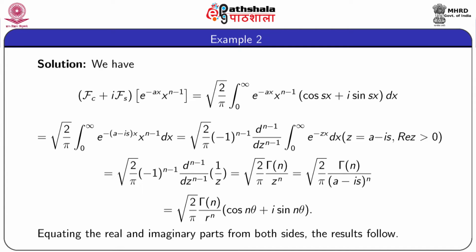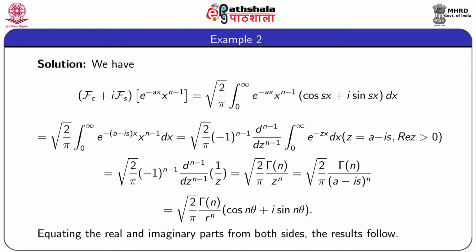Now, for the solution, we have curl F_c plus i curl F_s of the function e to the power minus ax x to the power n minus 1, that gives us root over 2 by pi integral 0 to infinity e to the power minus ax x to the power n minus 1 into (cos sx plus i sin sx), and this cos sx plus i sin sx is e to the power i sx.